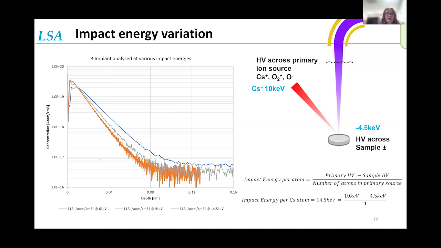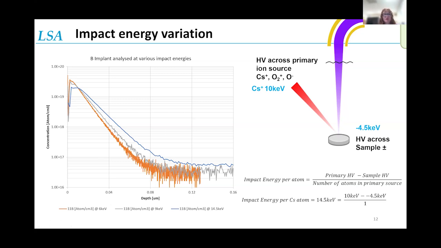The lower the impact energy, the higher the peak, and the sharper the interface as the dose comes down. But a higher peak doesn't mean the amount of dose has changed. It just means the shape of the profile has changed based on the impact energy. So the area under each of these curves is equal. It's just the shape that has changed.